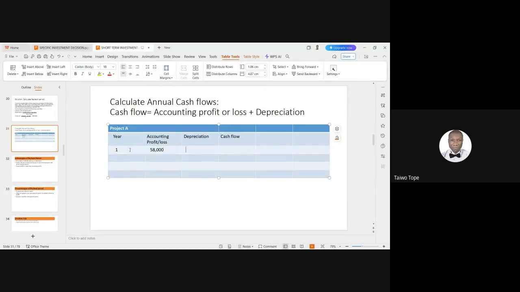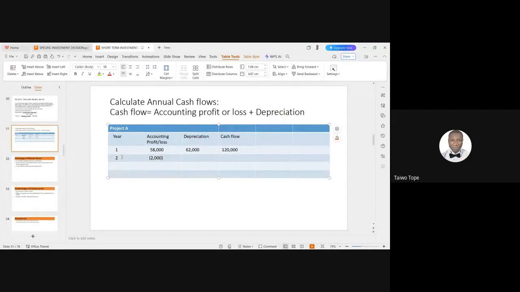Depreciation value is 62,000. When you add that, you have 120,000. For year two, this is an accounting loss now, 2,000.